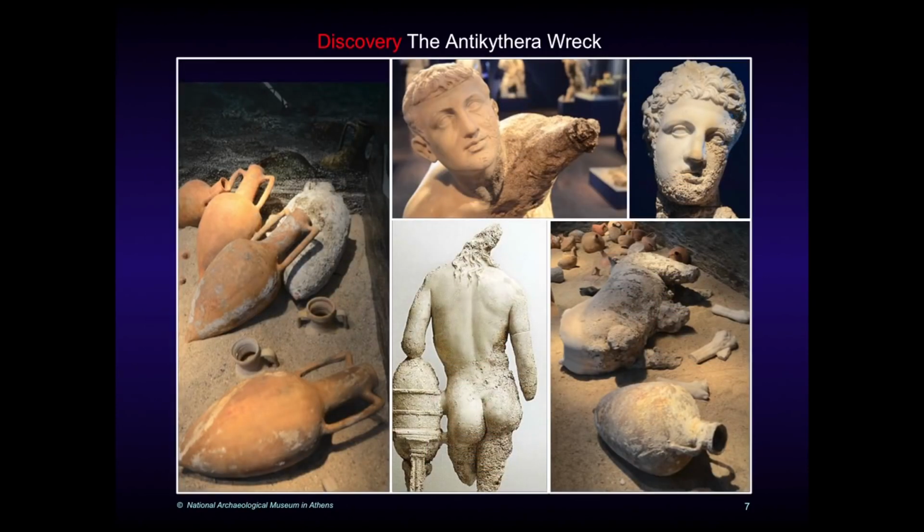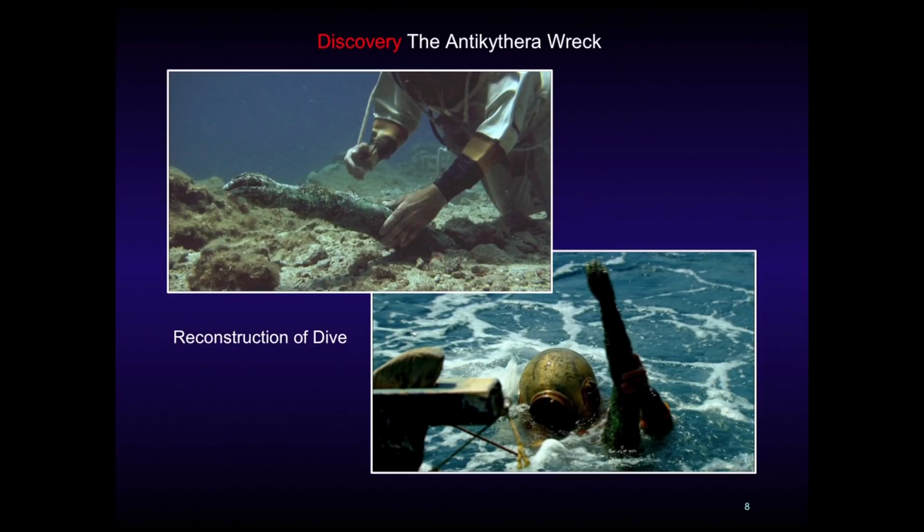These turned out to be sculptures scattered on the sea floor, along with a lot of other artifacts, amphorae and so on. He'd stumbled on an ancient wreck. So the captain himself went down and found a bronze arm, which he brought to the surface.